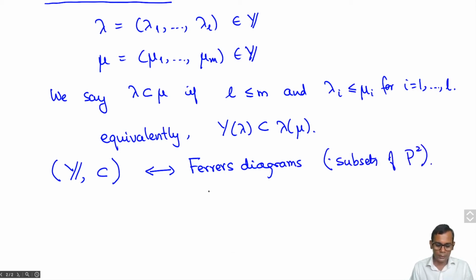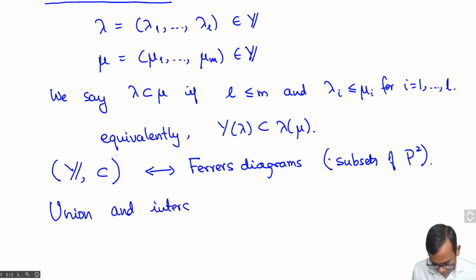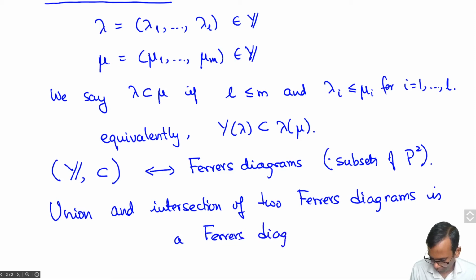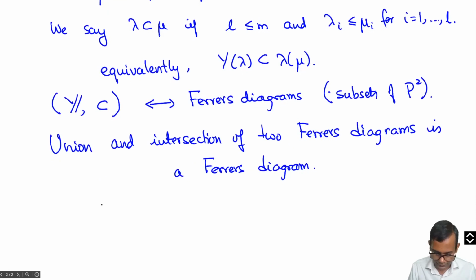And it turns out that the intersection of two Ferrers diagrams is still a Ferrers diagram, and the union of two Ferrers diagrams is still a Ferrers diagram. And this means that Y is a lattice.